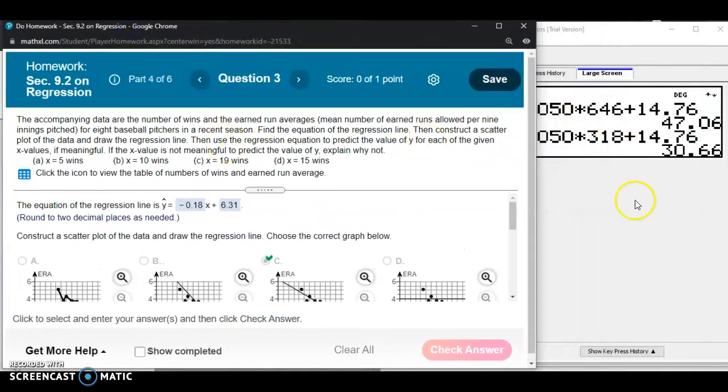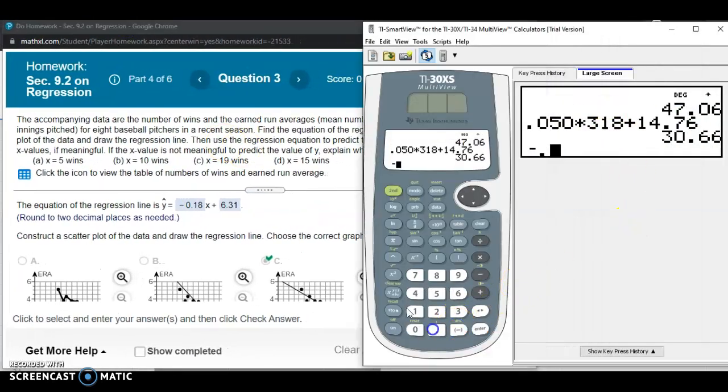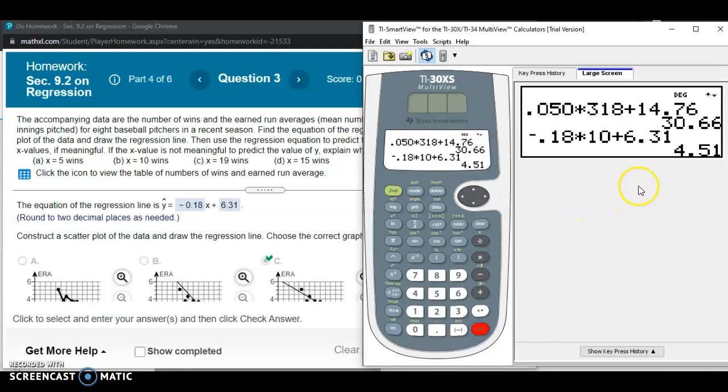So negative 0.18 multiplied by 10. Remember, the slope always multiplies your x value. So negative 0.18 times 10 plus 6.31. So we would expect an earned run average of 4.51.